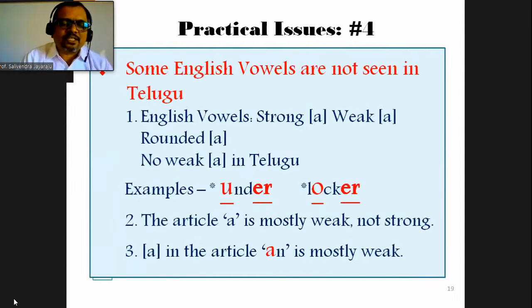The third important aspect I want to draw your attention to is just this. Some English vowels are not seen in Telugu. So, for example, if you look at strong a in Telugu, and weak in English, you have very strong and very, very weak. And you have another one, rounded aw. Look at the examples.